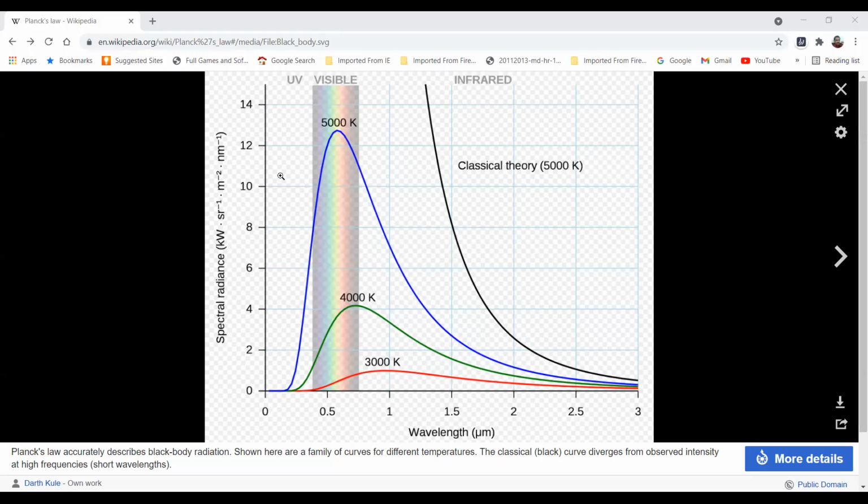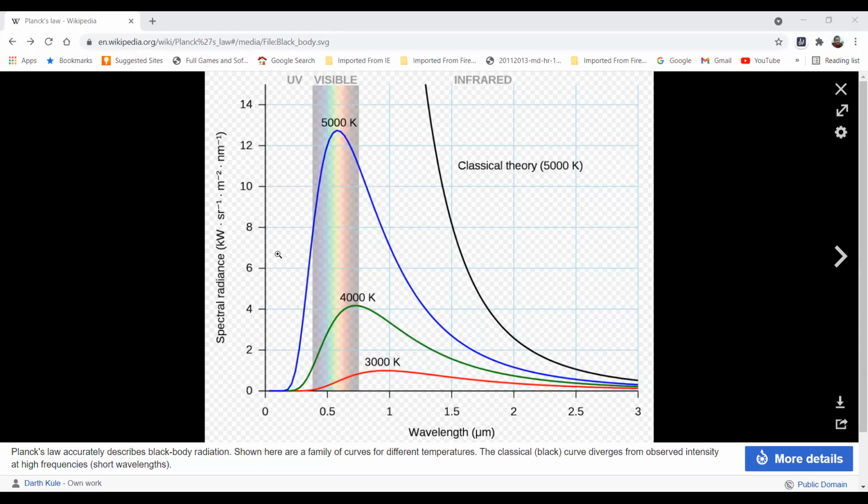Okay, that is how we can understand the concept of Planck's law of radiation. It gives you the energy density as a function of frequency as well as energy density as a function of wavelength. And it explains the experimentally observed energy density of a black body using this theoretical concept.